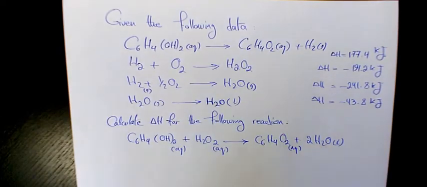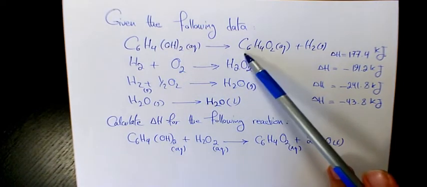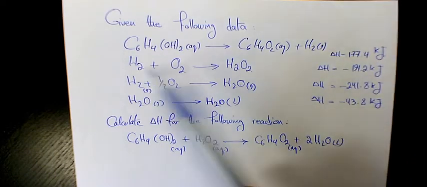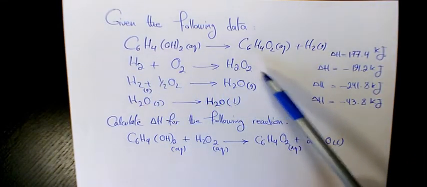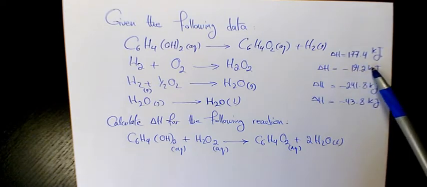So, and the last example in this video is given the following data. We have 4 reactions here. C6H4OH2 gives us C6H4O2 plus H2, and this is the delta H. H2 plus O2 is going to give us H2O2, hydrogen peroxide. Delta H is negative 191.2 kilojoule.